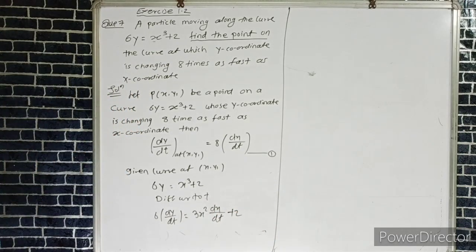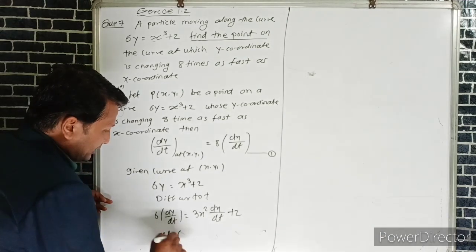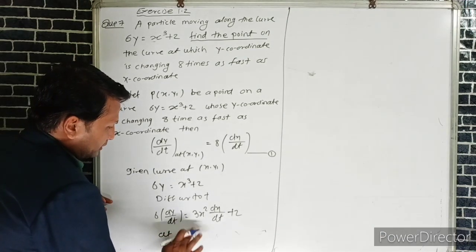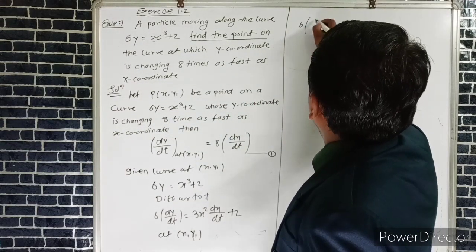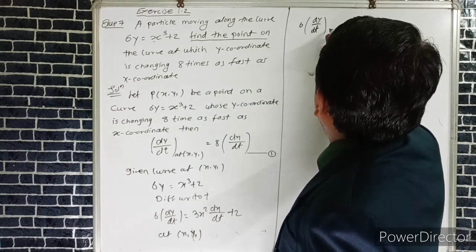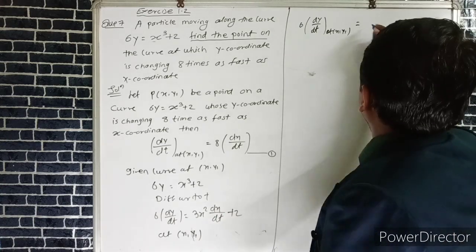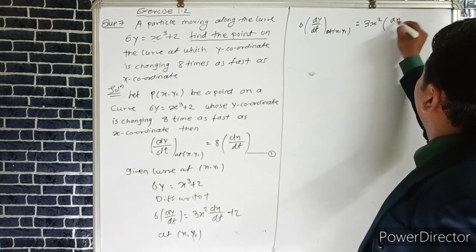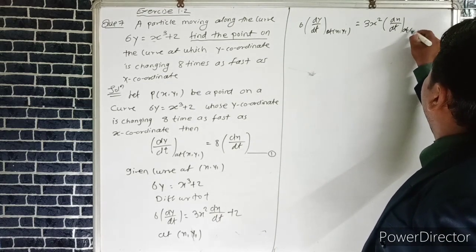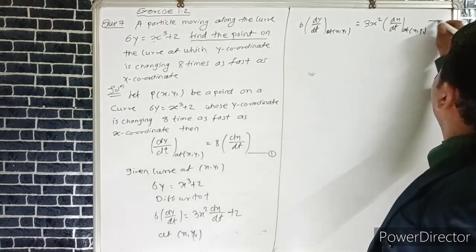Now at the point (x1, y1), 6 into dy by dt at (x1, y1) equals 3x square into dx by dt at (x1, y1) plus 2.